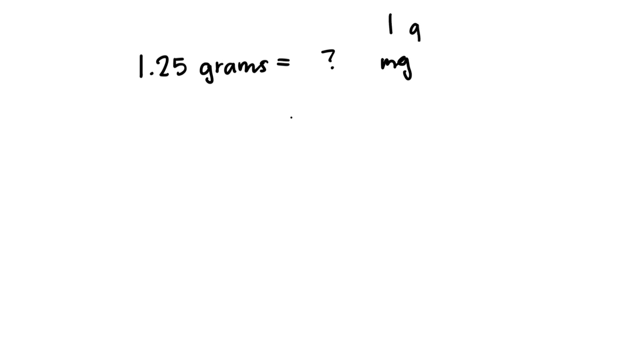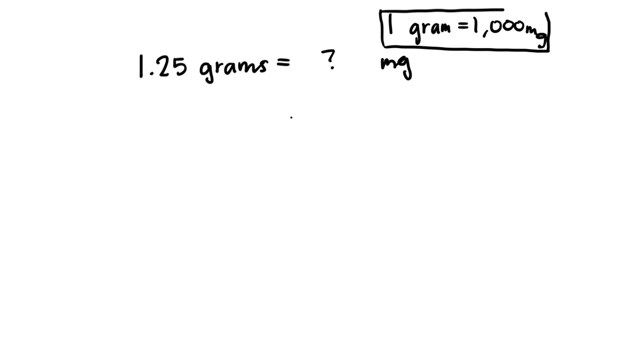We know that 1 gram equals 1,000 milligrams. So that's our conversion factor. We'll go ahead and start right out with our dimensional analysis. We have 1.25 grams that we are trying to figure out how many milligrams it equals.